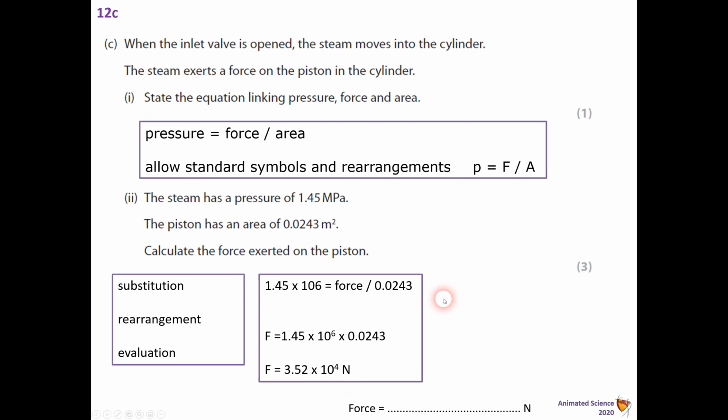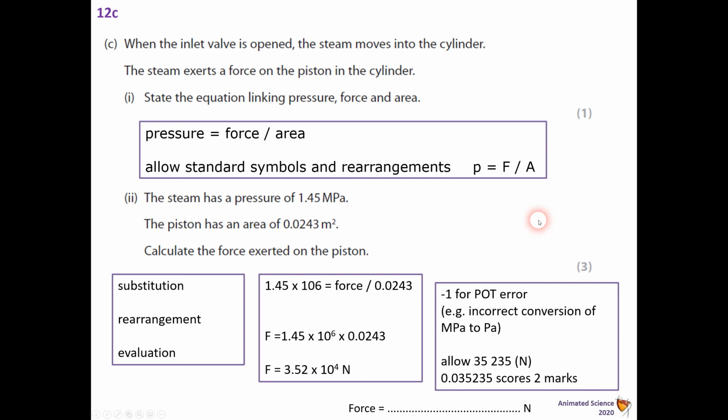You have to do megapascals. You lose 1 mark if you do a power of 10 error, so if you don't convert from megapascals to pascals, they would allow 35,235 newtons. But like we said, if you got a power of 10 error, you could get 2 marks for this one because you'd failed to convert properly.